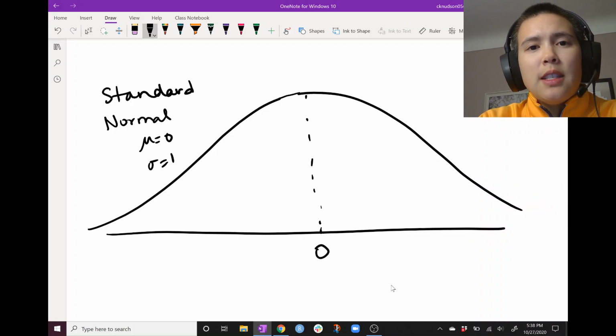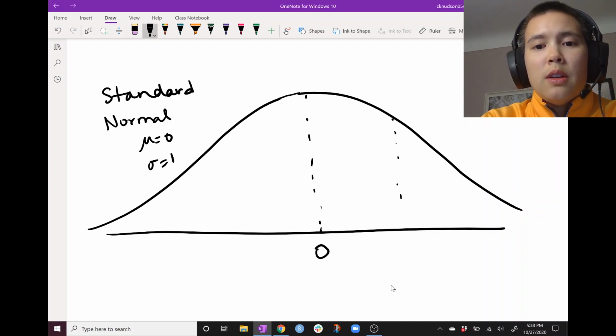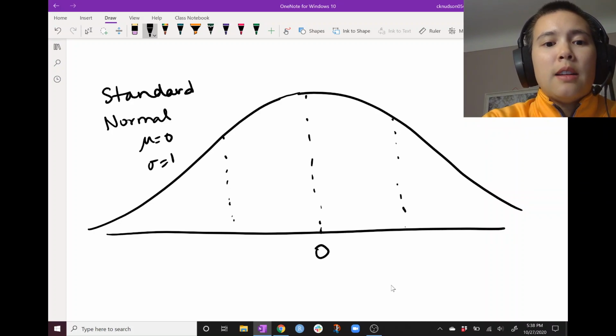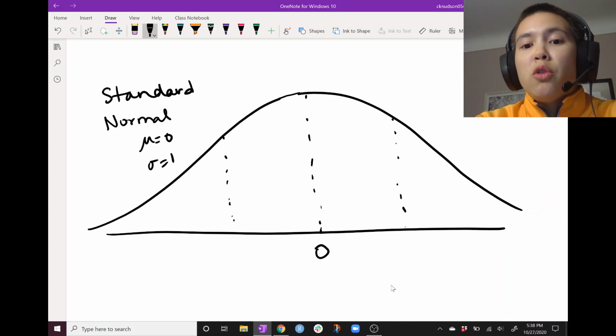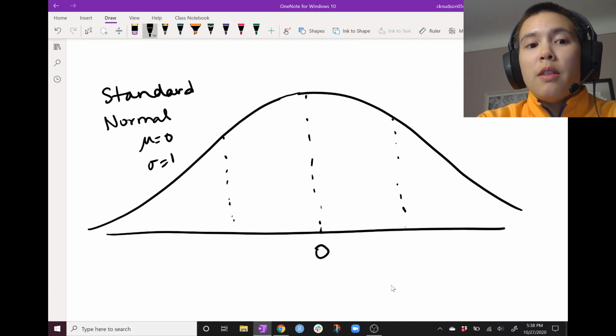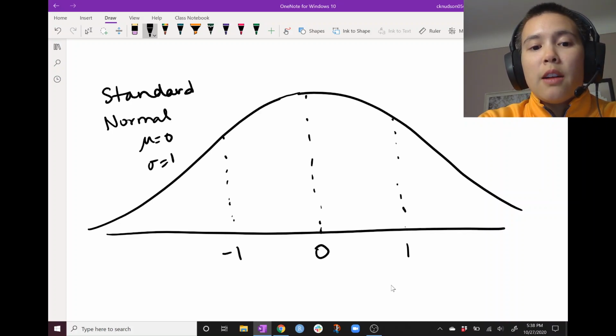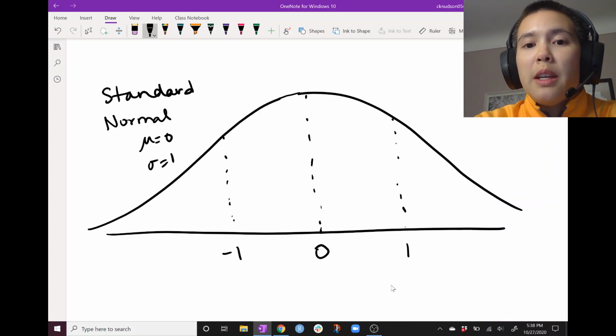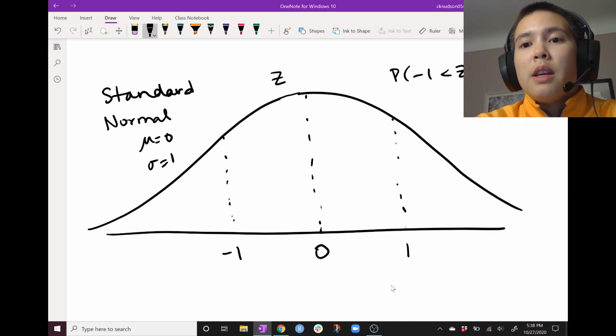If we think about our 68, 95, 99.7% rule, this means that if we look at mu plus 1 sigma, that would be 0 plus 1. And mu minus 1 sigma is 0 minus 1, so we get negative 1. So, let's call this one z, the probability that z is between negative 1 and 1 is 0.68.